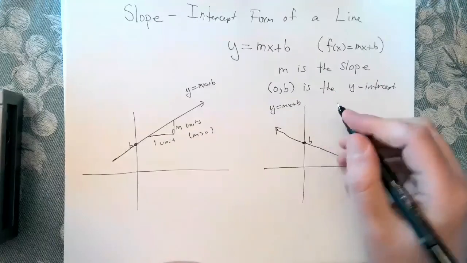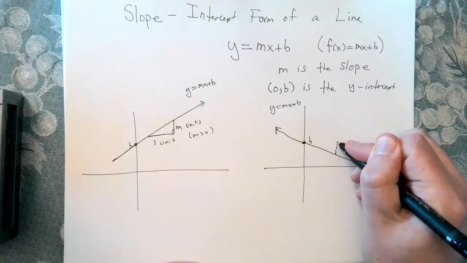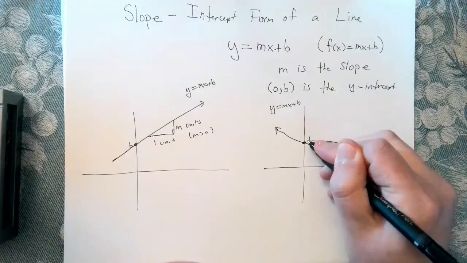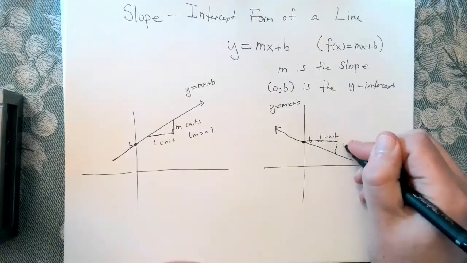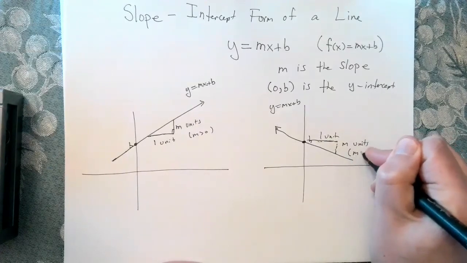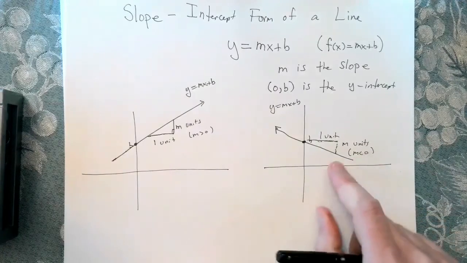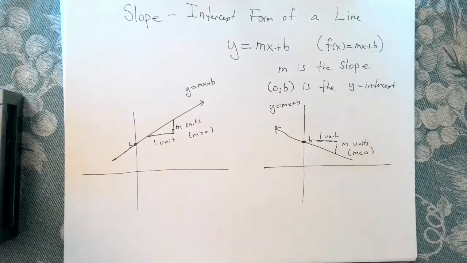But now, when we look here, let's say that's 1 unit, and that's m units, but m is negative. And since m is negative, well, if I take my rise and divide it by my run, that would be negative.